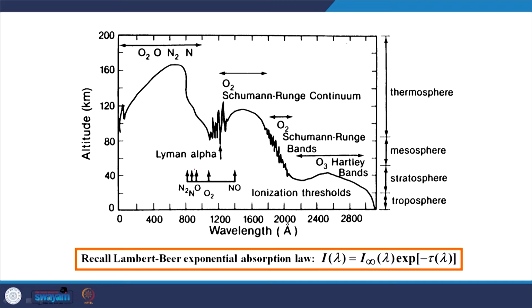So, in the process it starts to encounter a little amount of gas at the highest point in the atmosphere. As it travels down, it starts to encounter more and more gas species, and the rate at which it encounters the gas species increases exponentially as it travels towards the ground.